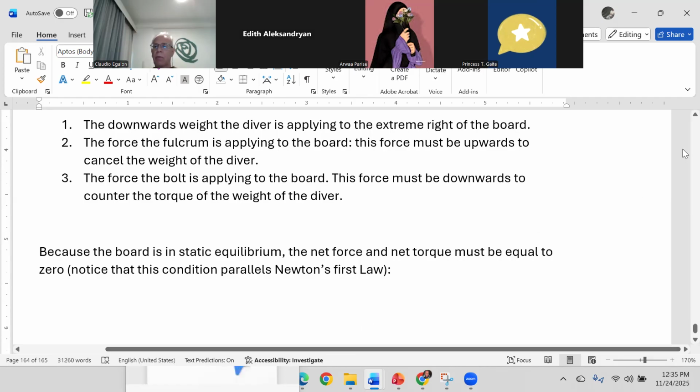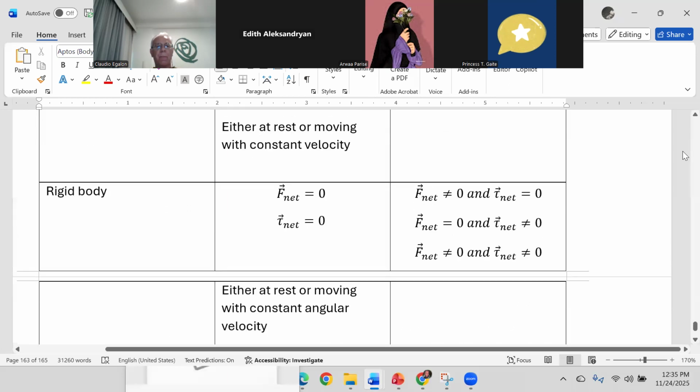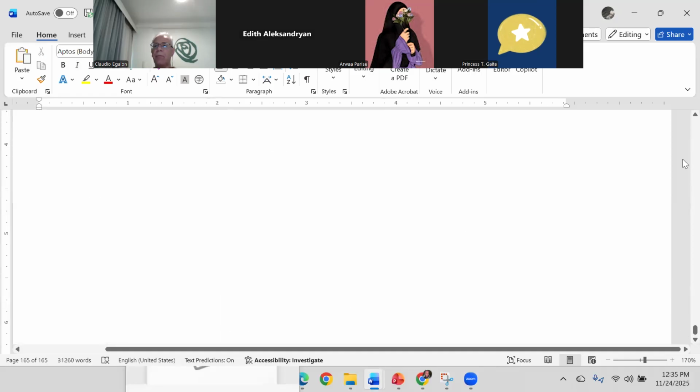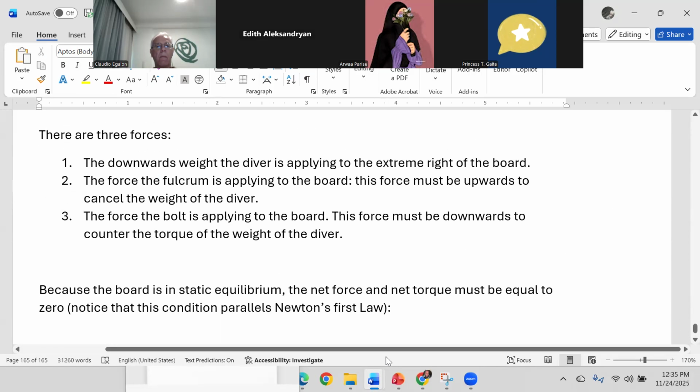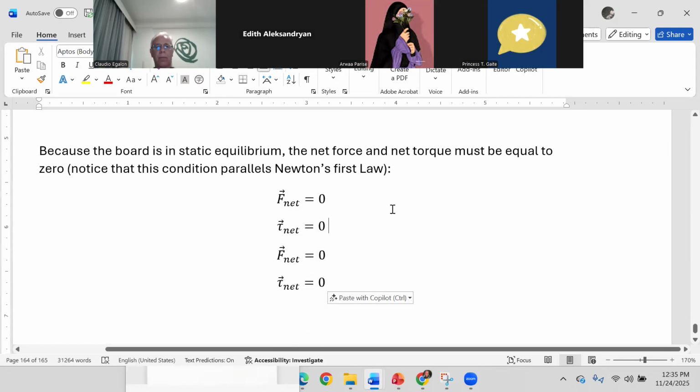Okay, and now we are going to write down the mathematical equations. Right in here, the condition for equilibrium. It's a one-dimensional problem, so we can remove the vector symbol, right?